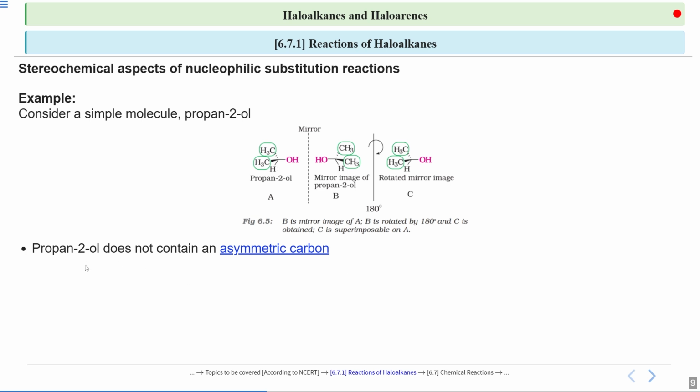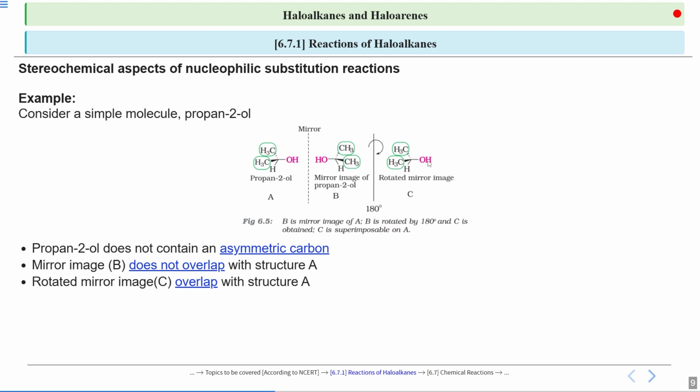And the mirror image B, which you drew from structure A, is not overlapping with structure A. If you take this mirror image B and put it on structure A, it will not be superimposed, right? So the mirror image B is not overlapping with structure A.